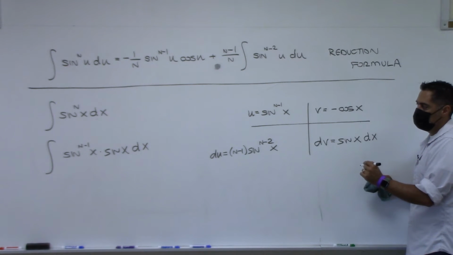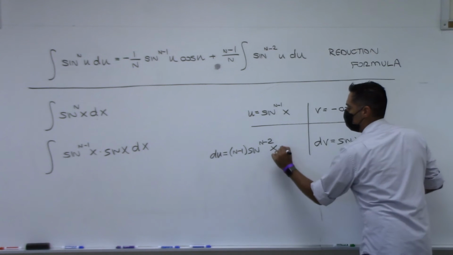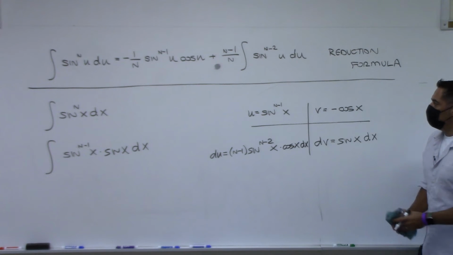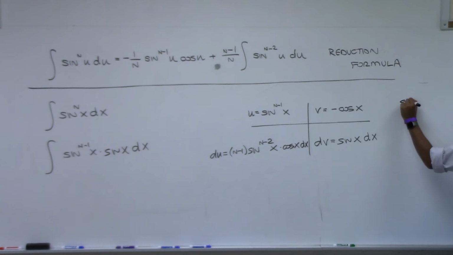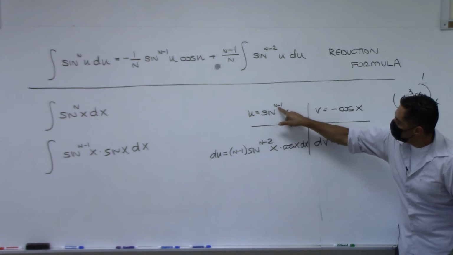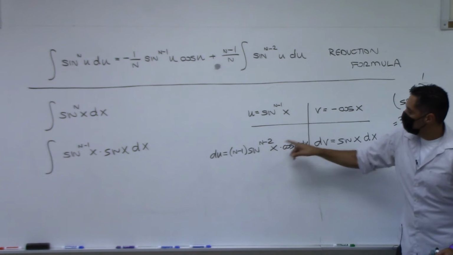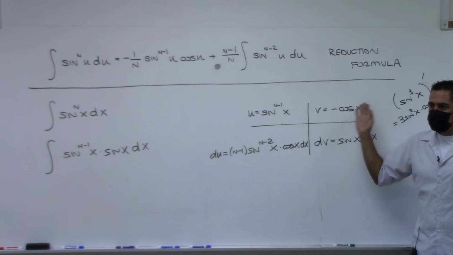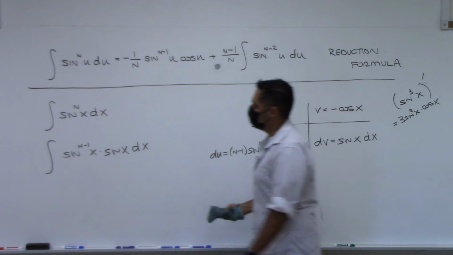What is it? Cosine x times cosine x dx. If that's bothering you again, just imagine you had sine cubed x and you took the derivative. That'd be 3 sine squared x times cosine x. That's exactly what I'm doing, but instead of 3, I have n minus 1. So that came out, subtract 1 from it, cosine, there we go. Okay?